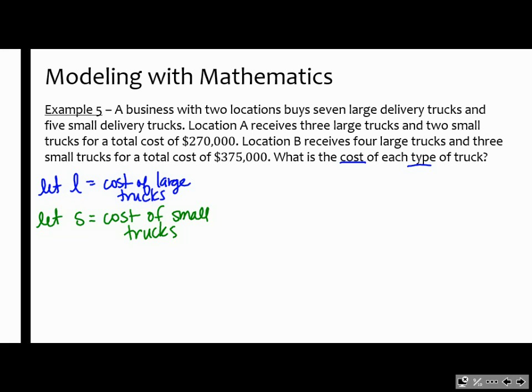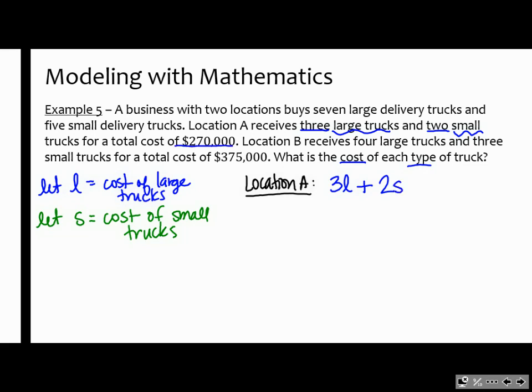Let's write a system. First, let's describe location A with an equation. So location A, we have 3 large trucks. So 3 times L, 3 large trucks at the unknown cost, and 2 small trucks. So combine that with 2 times the cost of the small trucks.